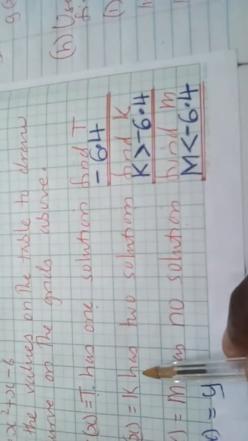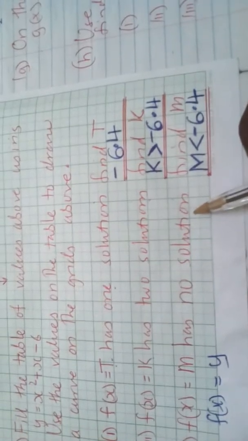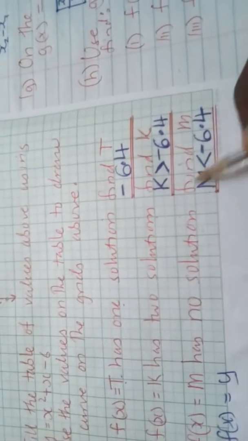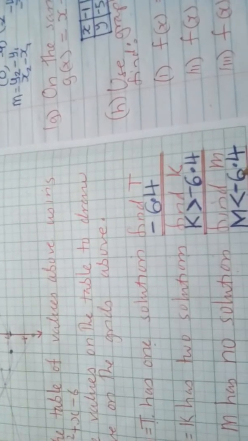So k has two solutions: the value of k will be any value greater than negative 6.4. At the same time, m has no solution: it will be all the values smaller than negative 6.4.